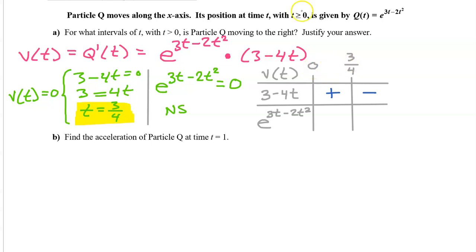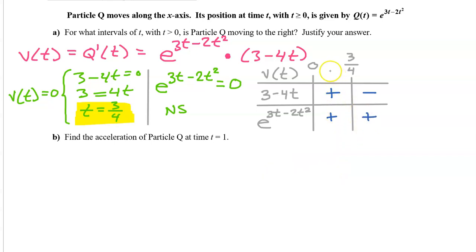I'm not going past 0 because t is greater than or equal to 0. There is no exponent that will turn e into a negative number. Even if I had, for example, e to the negative 3, this would not be a negative number. This would just be 1 over e to the third. So this expression will always be positive.